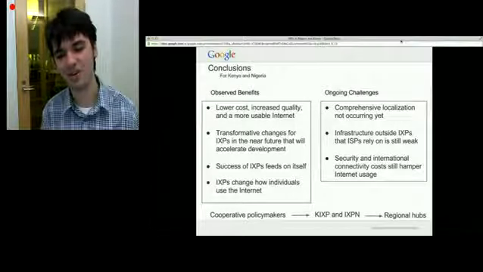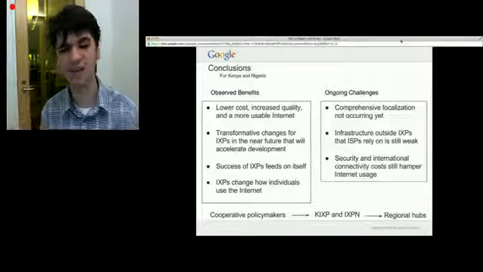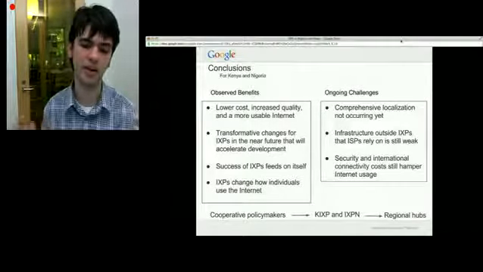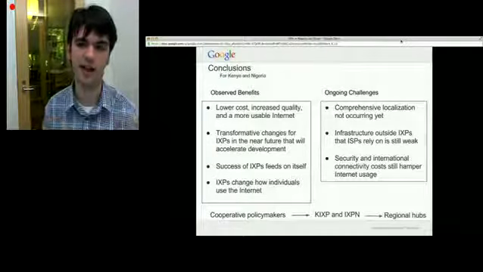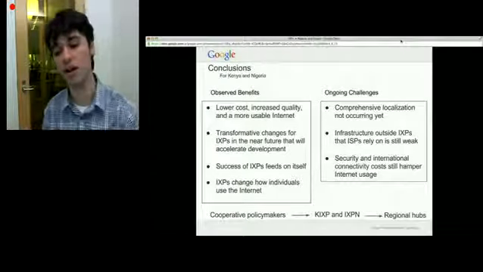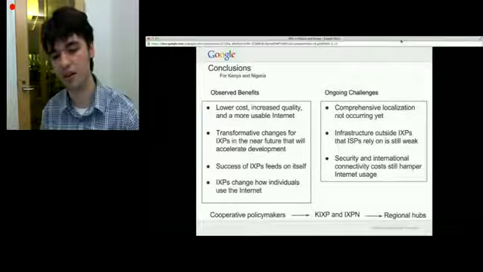And when you have these IXPs leading to a stronger, more vibrant internet in a given country with more localized data, that leads to having regional hubs of the internet.